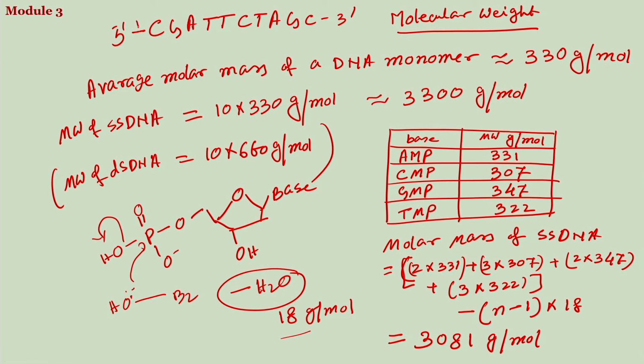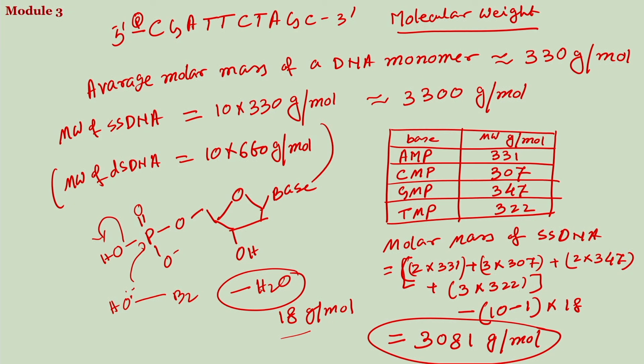So, here you have the phosphate bonds, here nothing is negative, 1, 2, 3, 4, 5, 6, 7, 8, 9. So, this would be 9 into 18. So, 10 minus 1, n minus 1, so 9 into 18. So, this would be your calculated molecular weight. Well, only thing is that you have to remember this table.